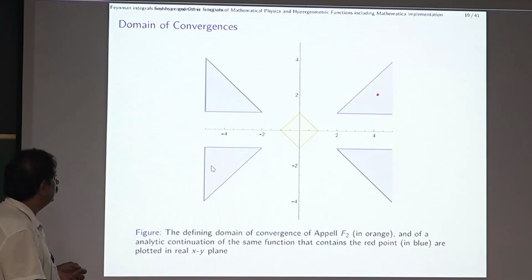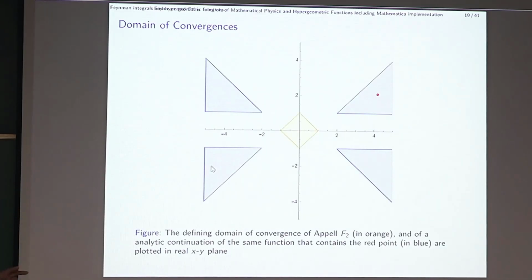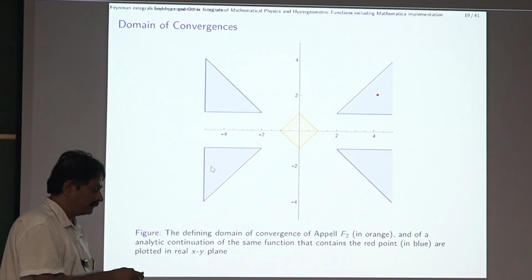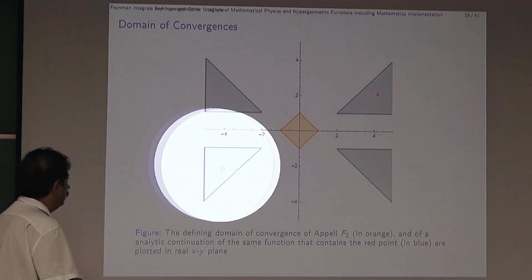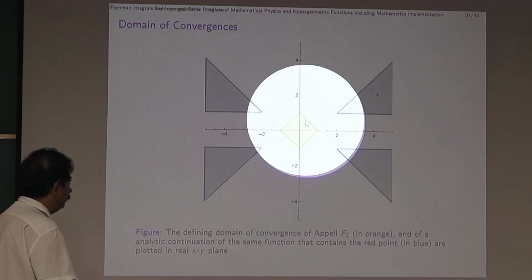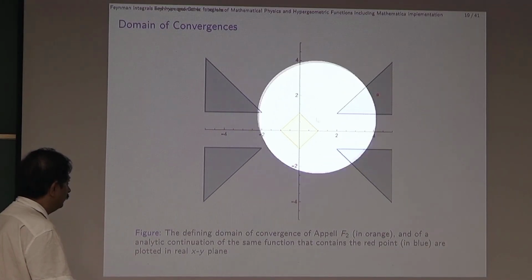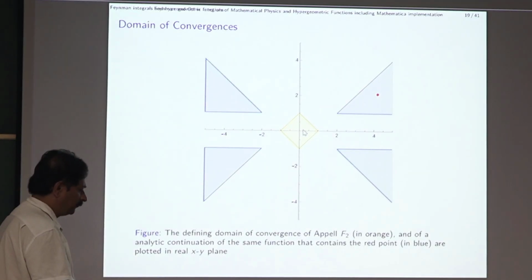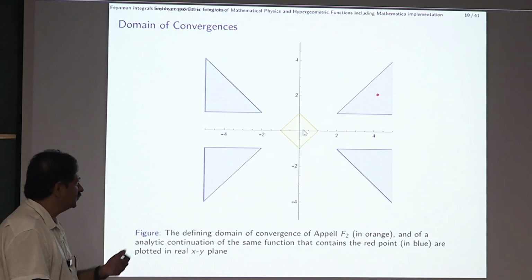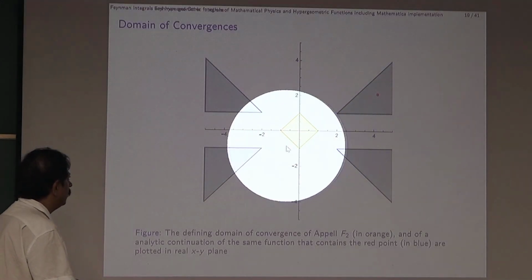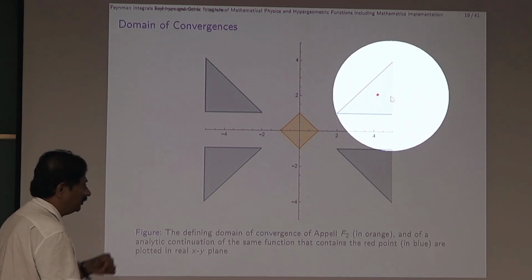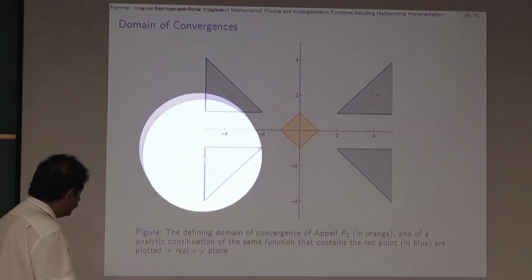So many different analytic continuations we have used in order to be able to provide for you a useful package to start from the original region of convergence of the F2, which is this rather small diamond over here. And by using all these different methods like Pfaff, Euler, etc., we can now tell you how to go to a region where, for instance, this red point is the point that you're interested in, and so on.